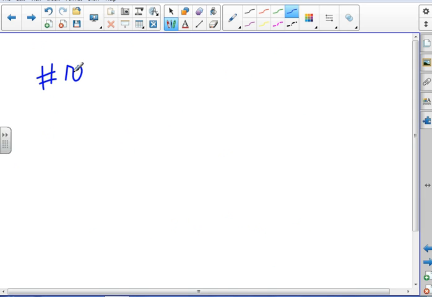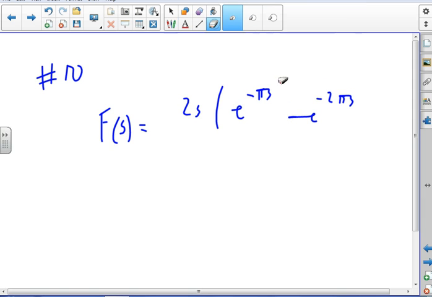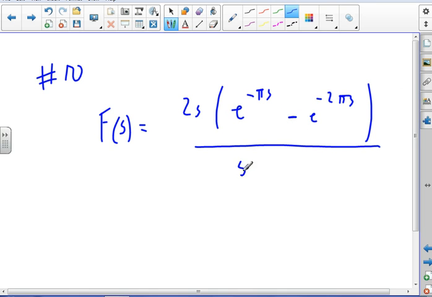Okay, so I've got F of s is 2s times e to the minus pi s minus e to the minus 2 pi s, divided by s squared plus 4. Okay, I'm going to rewrite that.